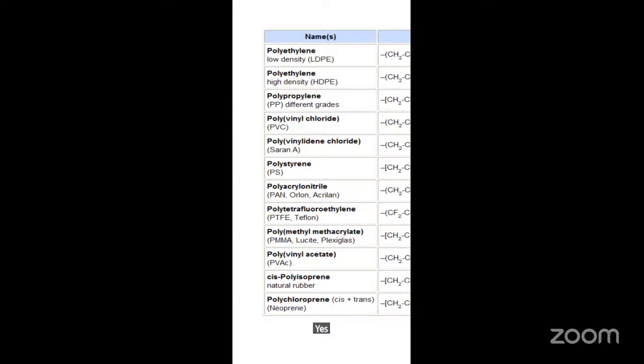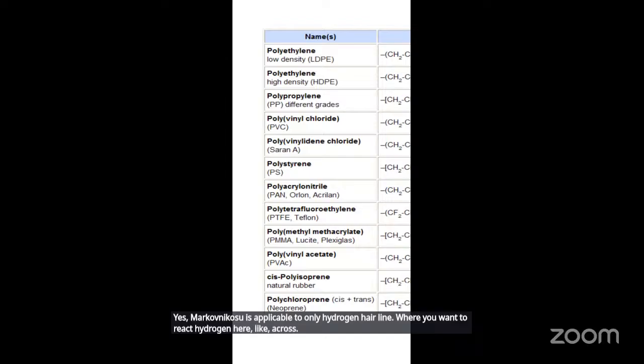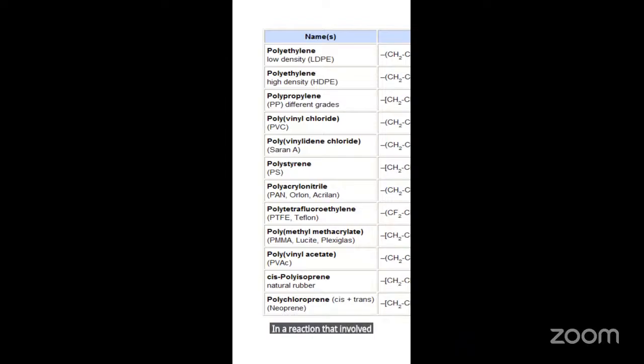Yes, Markovnikov's rule is applicable only to hydrogen halides, when you want to react a hydrogen halide across a double bond or triple bond. Okay, ma. Thank you, ma. You're welcome.